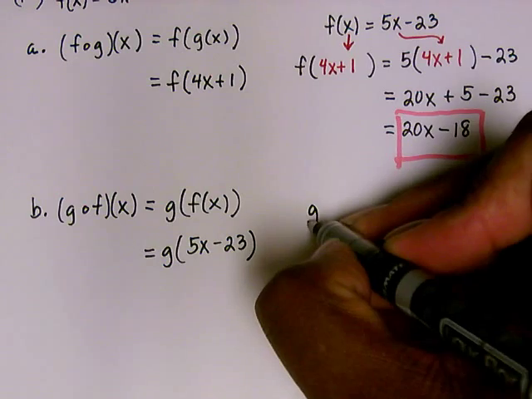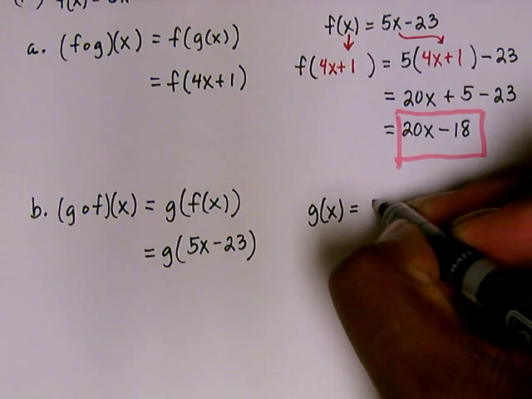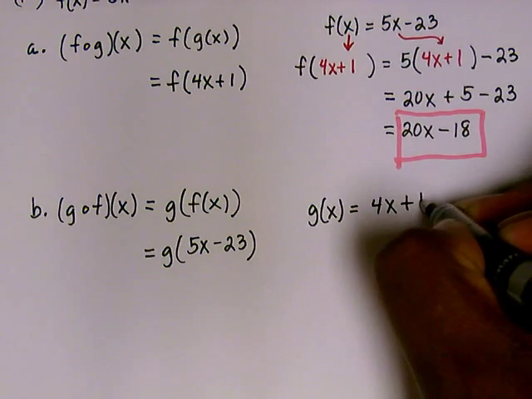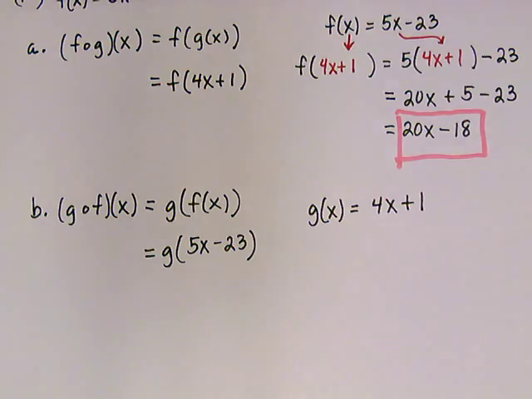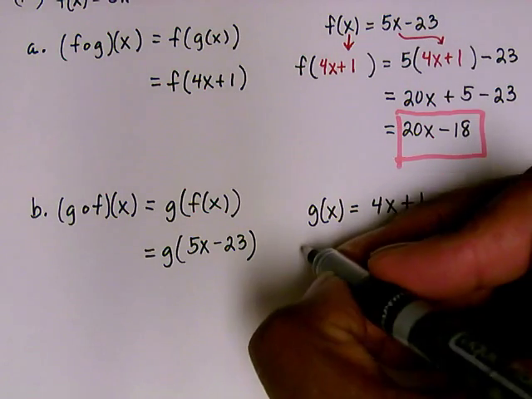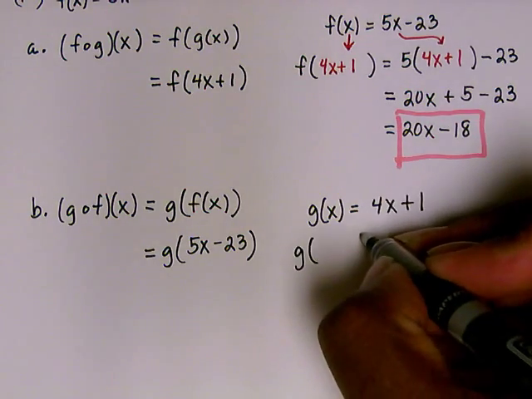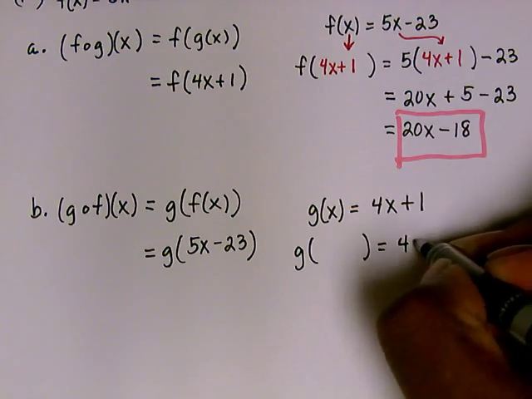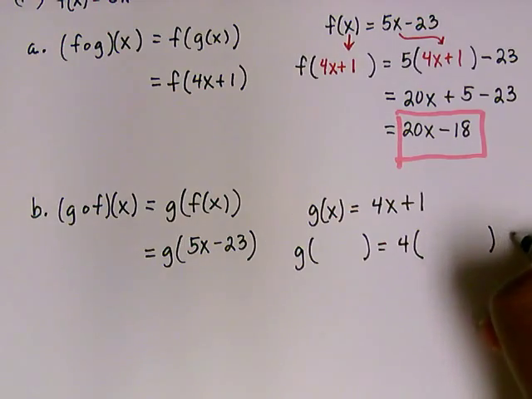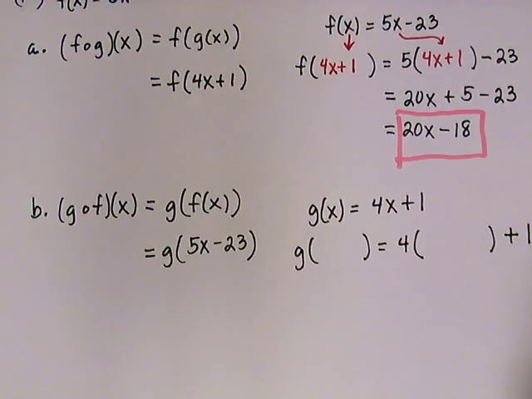But my g of x was 4x plus 1. So, everywhere I have an x in g of x, I'm going to replace it with whatever f of x is going to be.